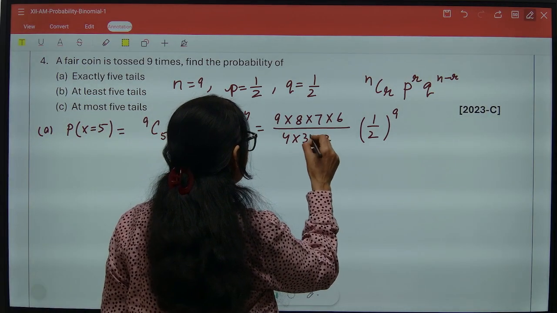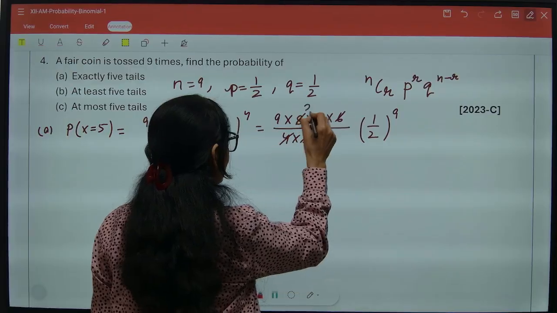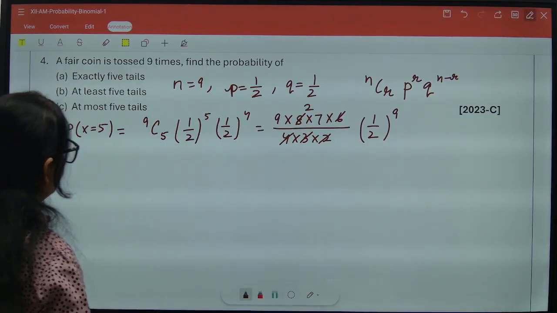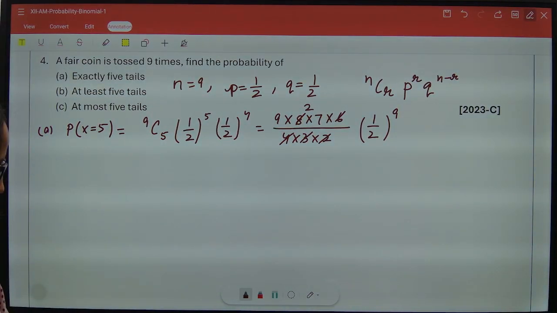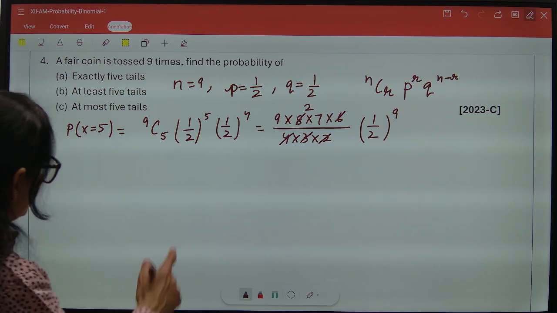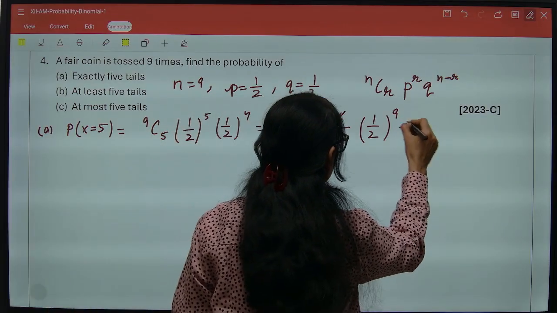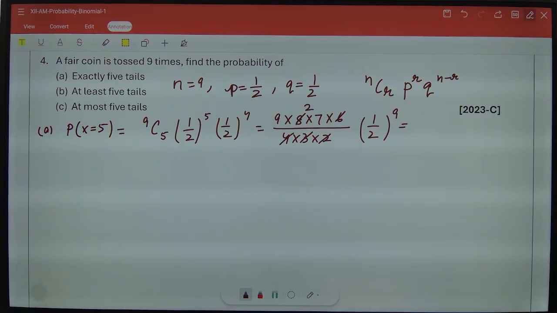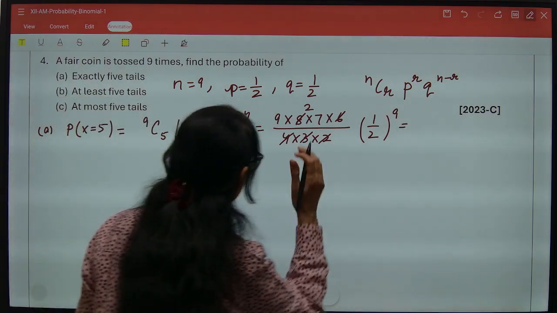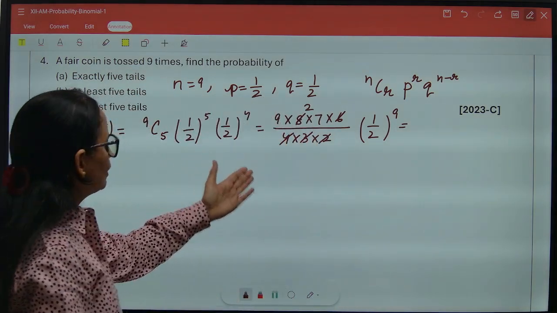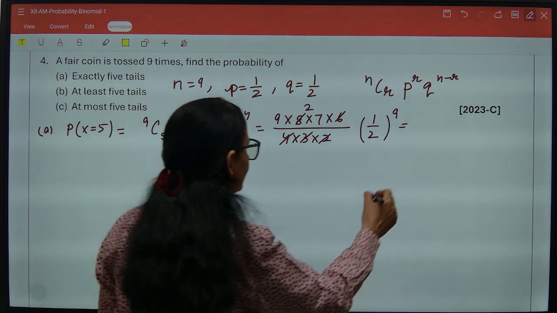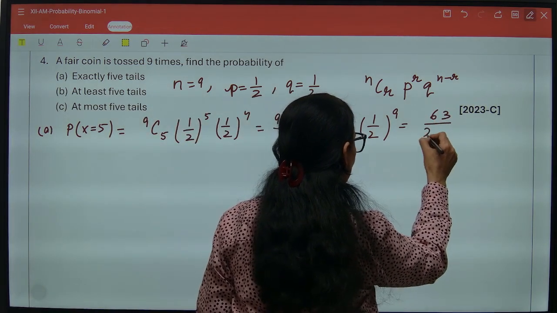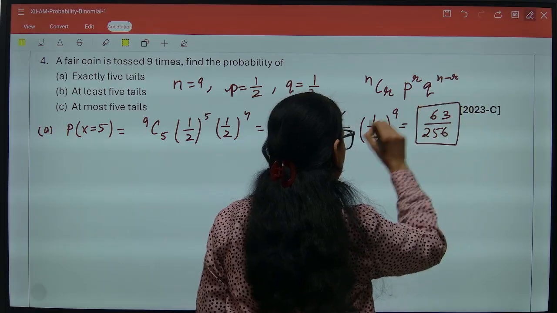So let's solve this: 3 to the 6, 4 to the 8. Once you do all the calculations, you get 63/256. So this is what you get for this.